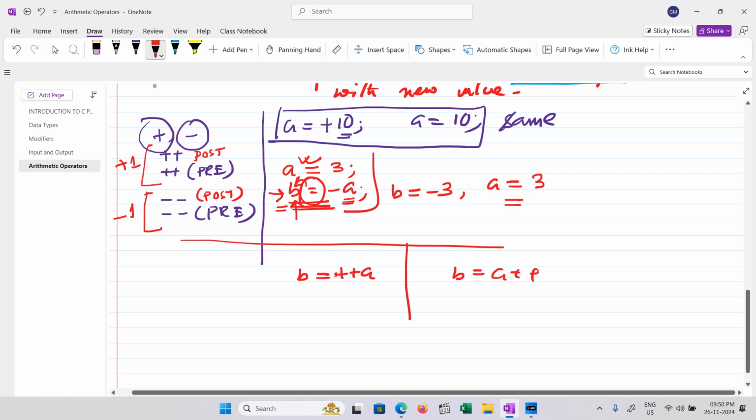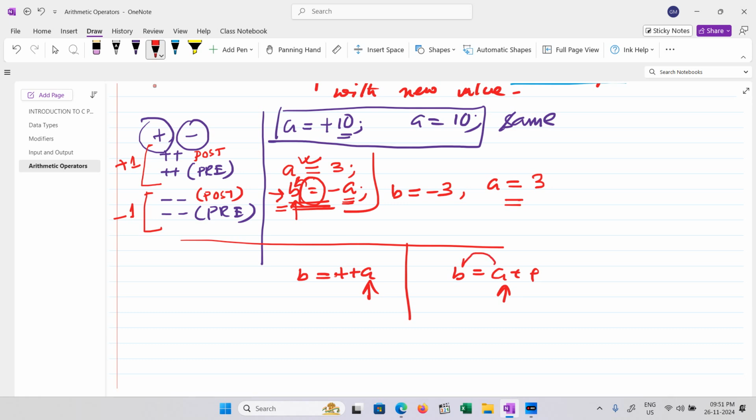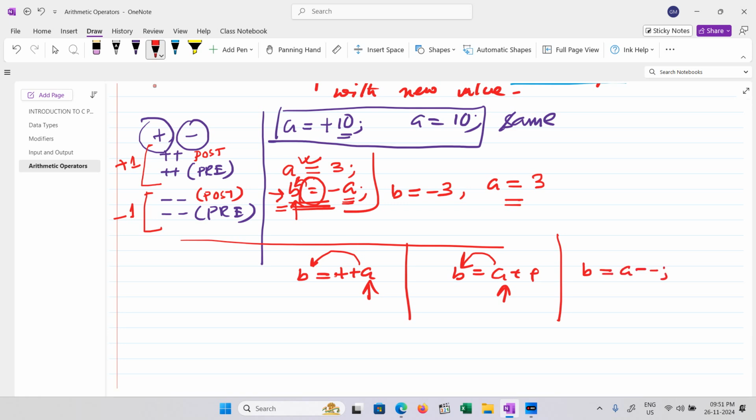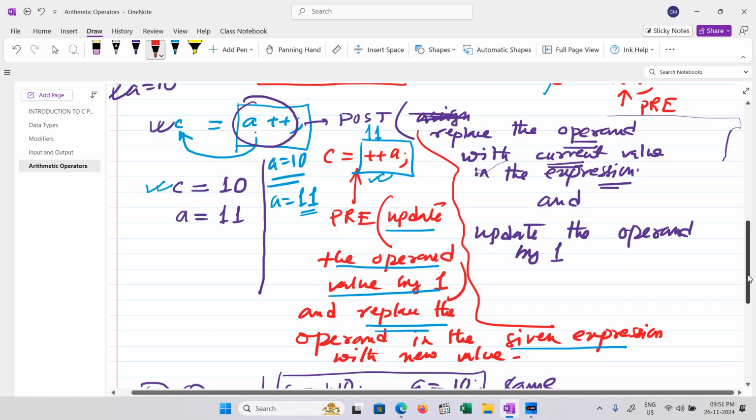It will update the operand by 1, there is no change, but what value is going to be assigned on the left hand side is different. Similarly, when we use pre or post decrement, it also behaves in a similar way.